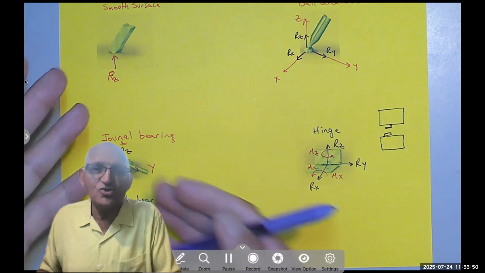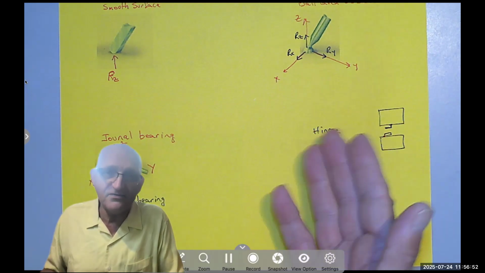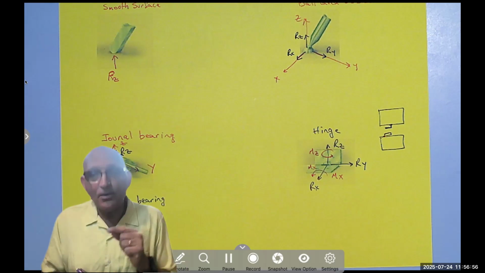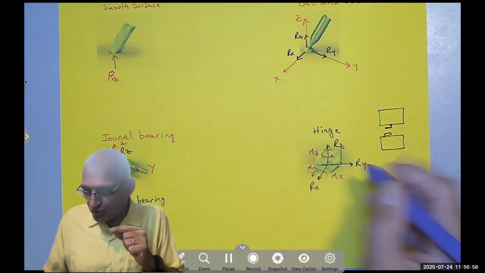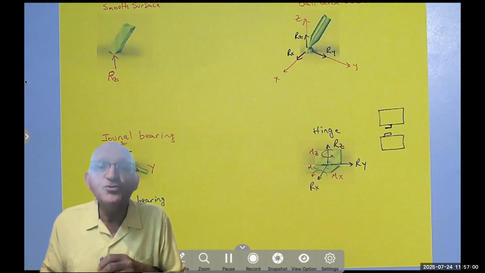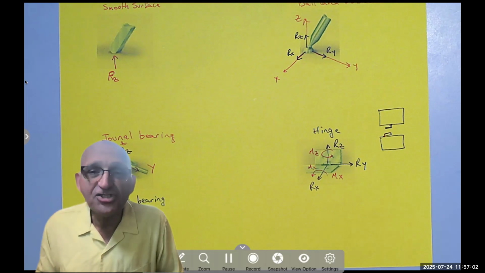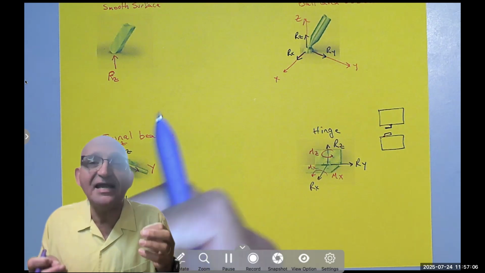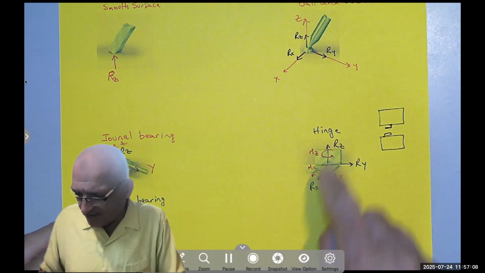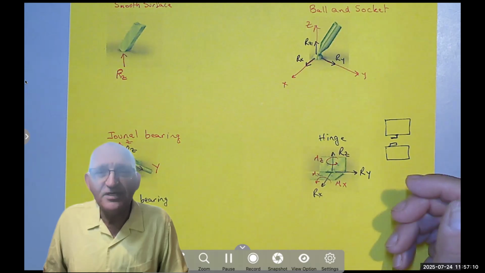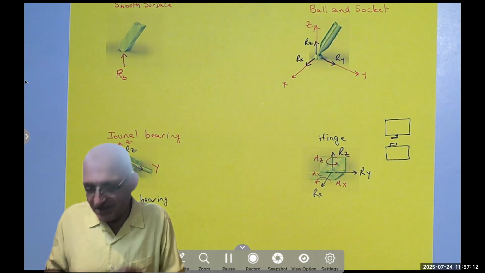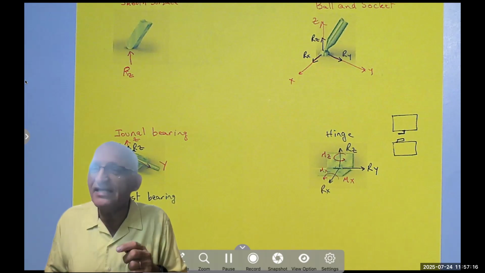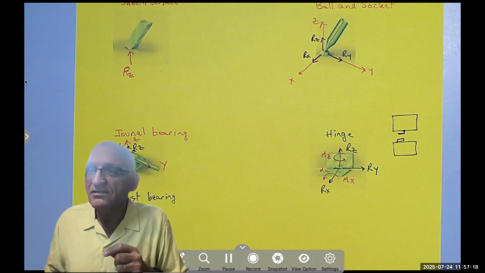But in this course, we will assume it has five unknowns. And if the problem wants you to use only three, it will tell you that the hinge has been properly aligned. Properly aligned meaning you won't get these two moments. So it's another way of saying, treat it as if it were a thrust bearing. But we want to see if you understand that or not.